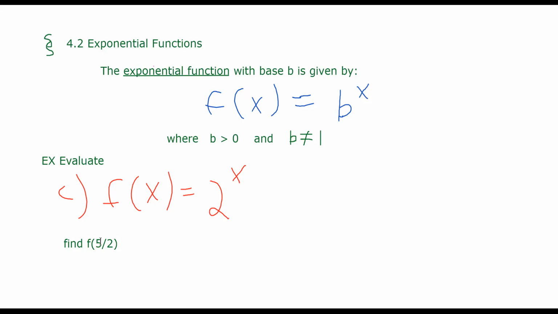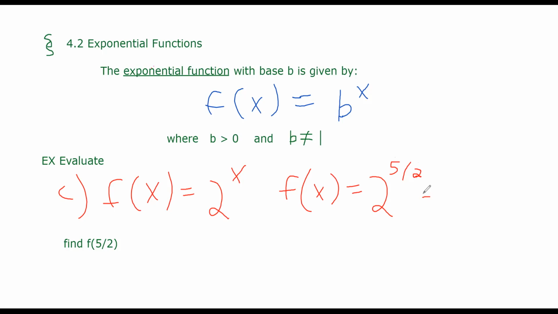Okay, so we have a fractional power here. Now, the way a fractional exponent works, the top number is what you're raising it to. The bottom number, though, is a root you're taking.